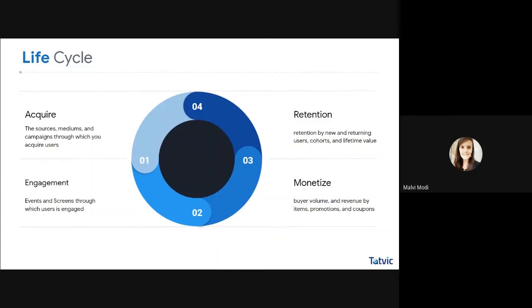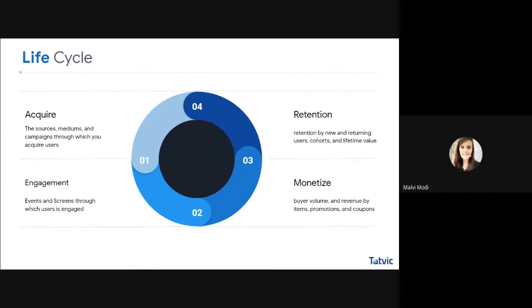Next is the engagement report, which provides an understanding of the pages and the screens users are viewing. It also includes top-level metrics of user engagement, which is basically the user stickiness metrics: the daily, weekly, and the monthly active users.